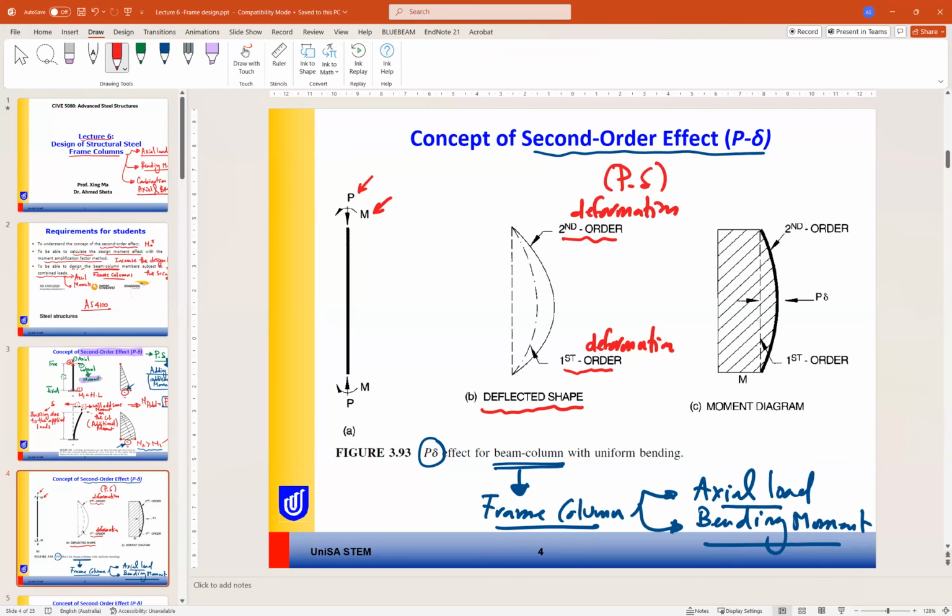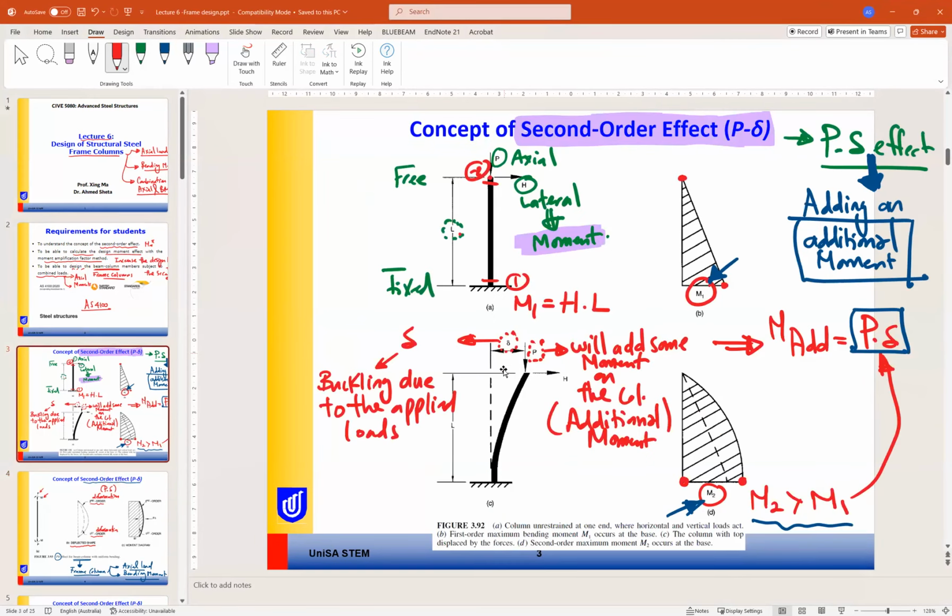Just to answer a question received: is delta a force? A value? Delta is deformation. If we go back to the previous slide, delta here is the buckling or deformation due to the applied force. So the force is P, delta is deformation or deflection.